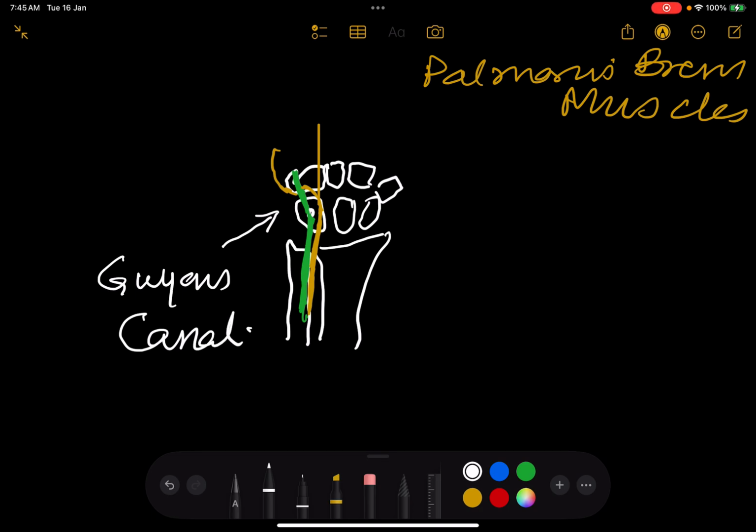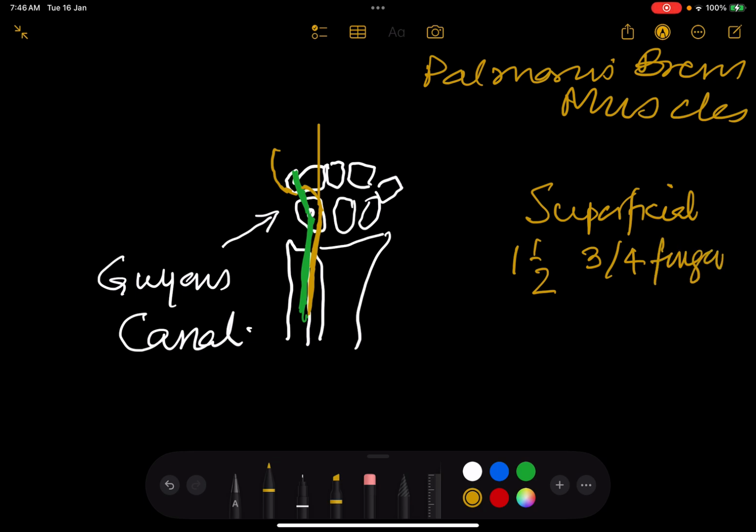The superficial branch will lie superficial to the palmar aponeurosis and supply the 1.5 fingers, the little finger and half of the ring finger. It simply means that if this is the little finger and this is the ring finger, the nerve would come here, it will supply this, then it will go into this web space supplying this and this.